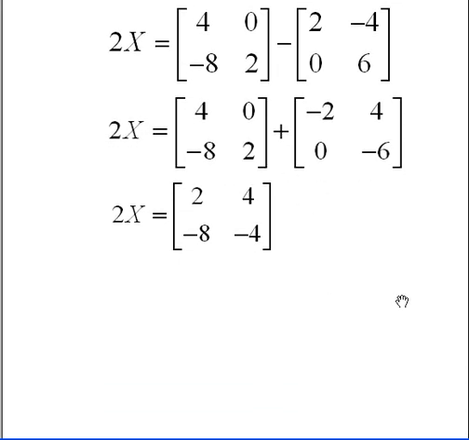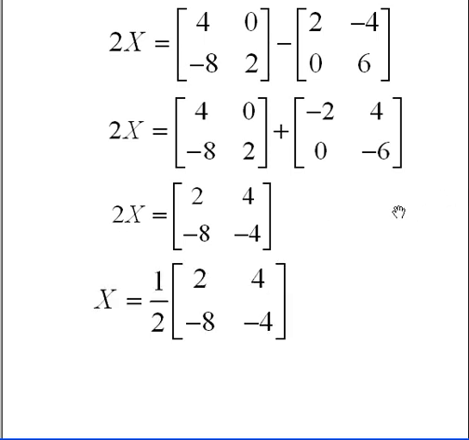All right, the last thing in our pursuit of finding out what the matrix X represents is that it is being multiplied by 2, so we would need to divide or multiply by its reciprocal. So if we multiplied both sides of this equation by the reciprocal of 2, which is a half, that would give us x by itself on the left side of the equation. And then we have our scalar multiplication to do.